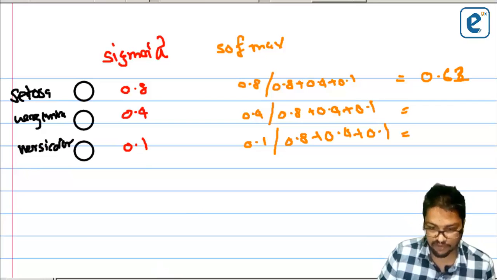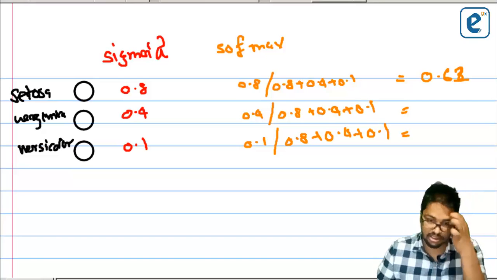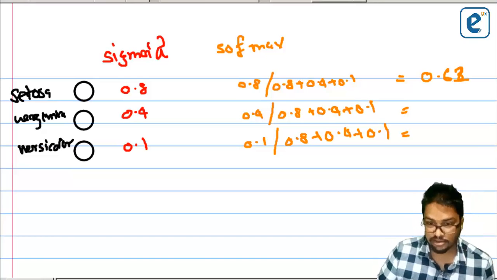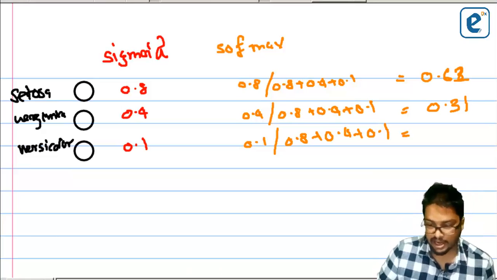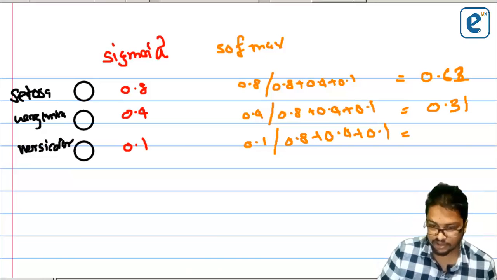And the other one will be 0.4 divided by 1.3. So it will be 0.31, and lastly we have 0.1 divided by 1.3, right?